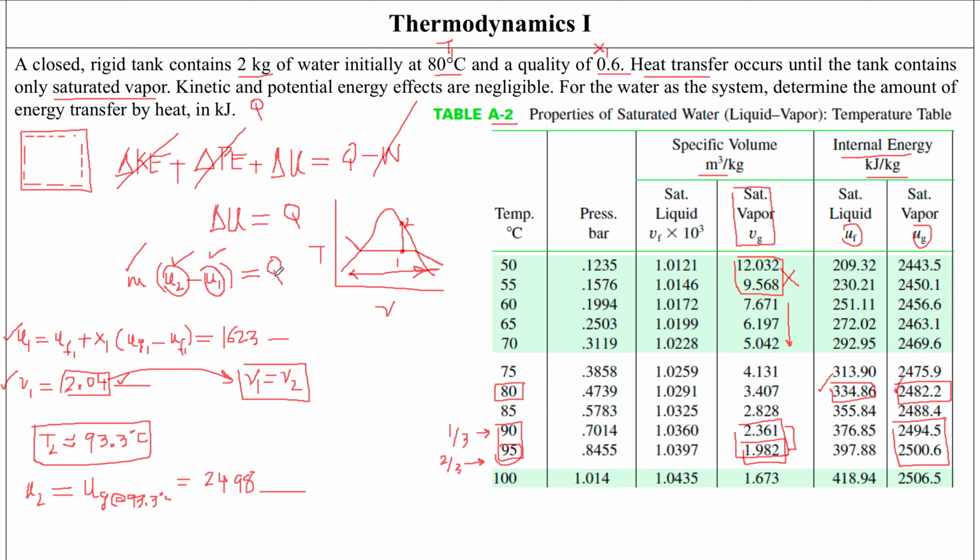So you can go ahead and find out the value for Q, which is the amount of heat transfer, or amount of energy transferred by heat, and for these set of values, it's going to be around 1750 kilojoules.